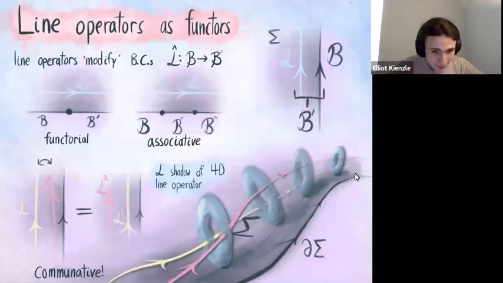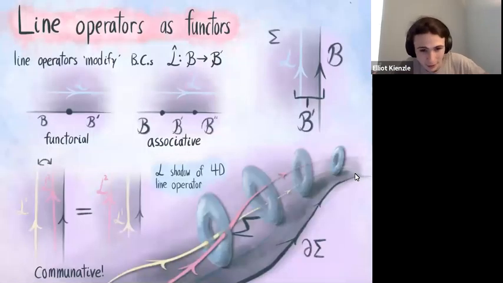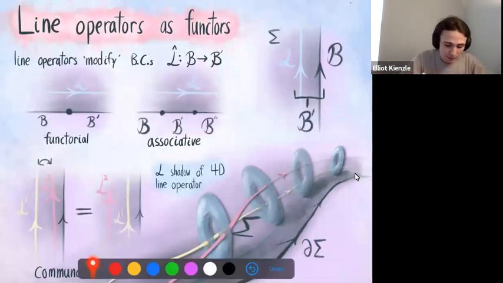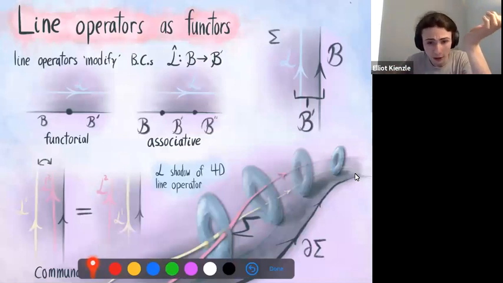So we can think of line operators as functors on categories. Now, what's really cool is that because of the way that we form these line operators, they're actually commutative, which means that for the action of line operator 1 and 2, you can switch their order. Now, this is not clear just from this 2D picture. Like, in normal 2 dimensions, how do you just pass these line operators through each other? At some point they must cross, right?